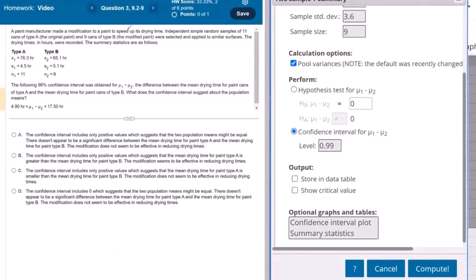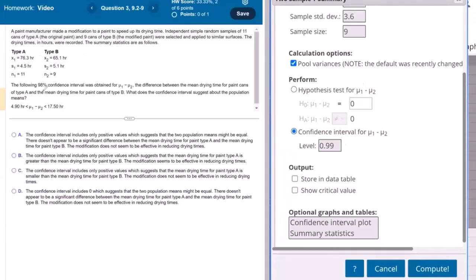A paint manufacturer made a modification to the paint to speed up its drying time. Independent simple random samples of 11 cans of type A, the original paint, and 9 cans of type B, the modified paint, were selected and applied to similar surfaces. The drying times in hours were recorded. The summary statistics are as follows.